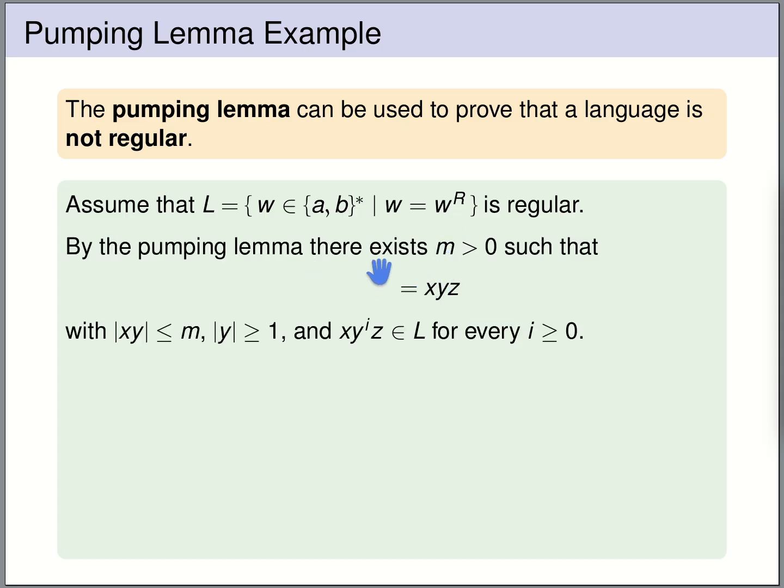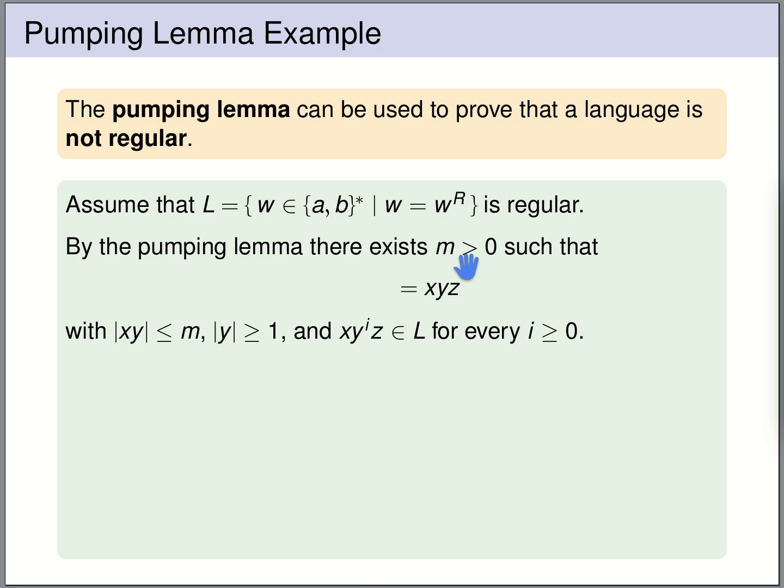If it was regular, then we could apply the pumping lemma. The pumping lemma then guarantees that there exists some natural number m, such that every word that has length at least m can be split into x, y, z with these properties. Now, we have to pick some word longer than m, but we don't know what m is. So how do we pick a word in the language that has length at least m?